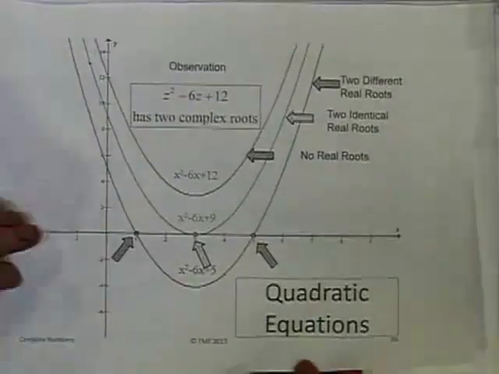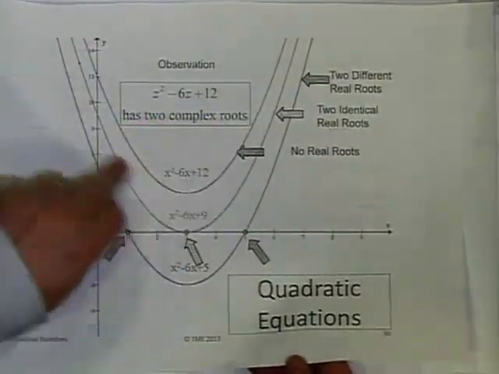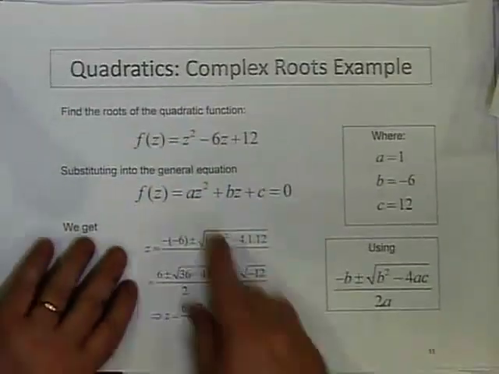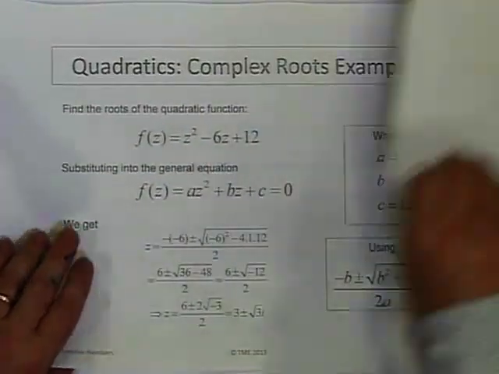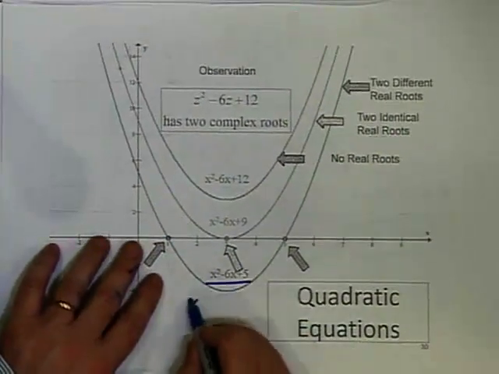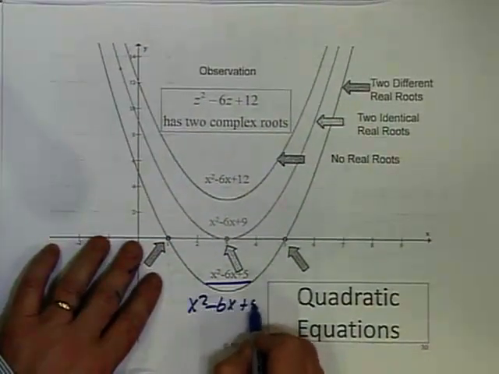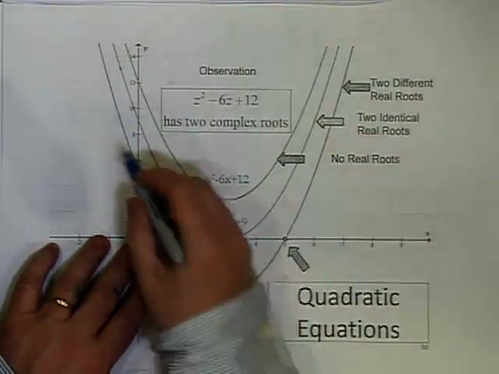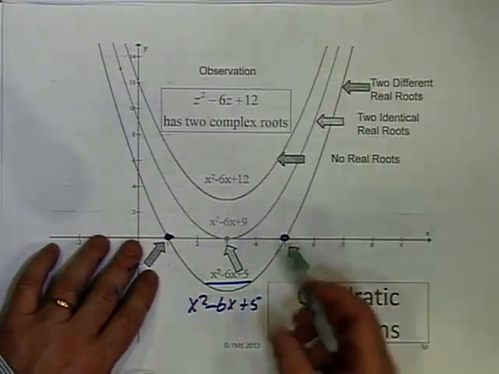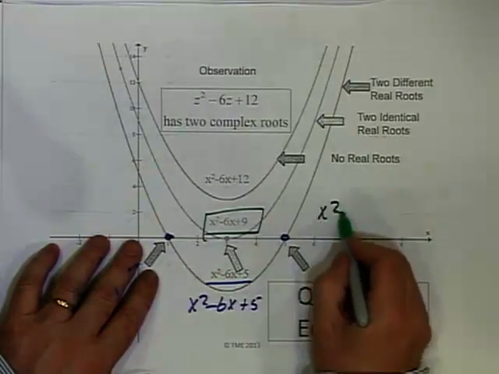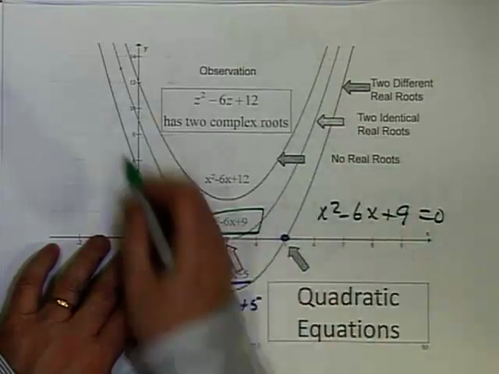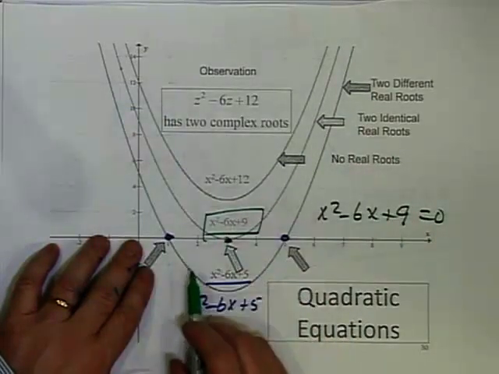So all the complex numbers is about finding the roots of a quadratic. If we find the roots of x squared minus 6x plus 5, and we do the factors, we'll find that it crosses twice. If we do x squared minus 6x plus 9 equals 0, we'll find it crosses just once.